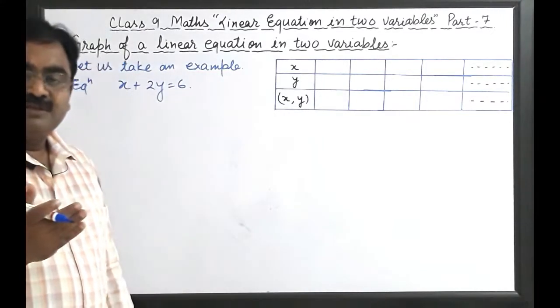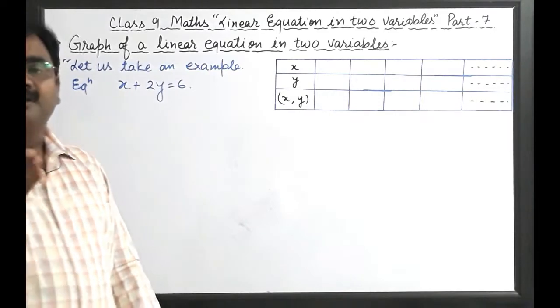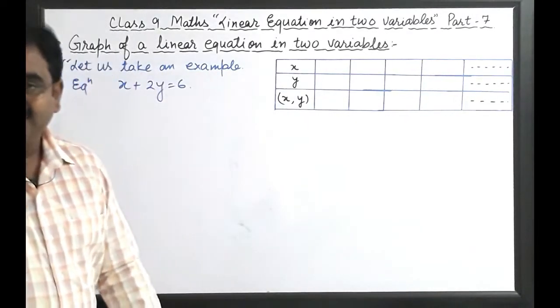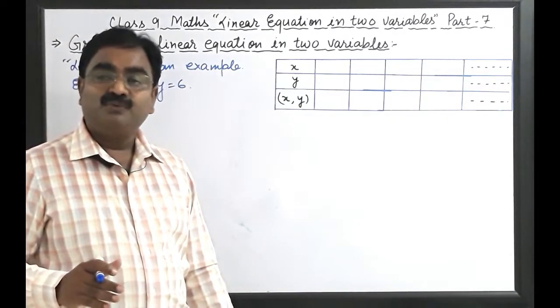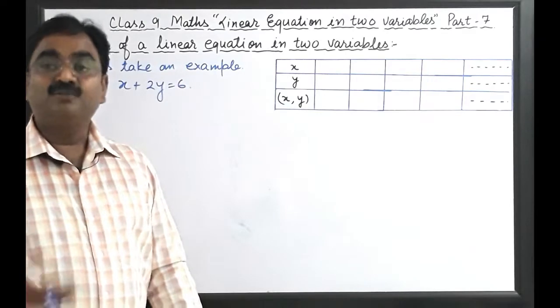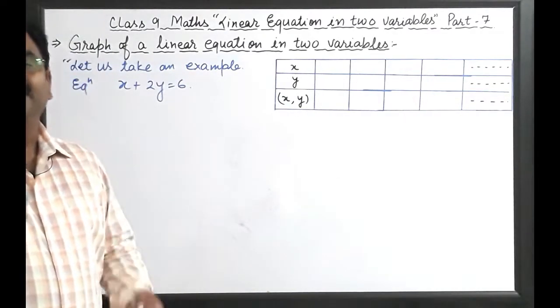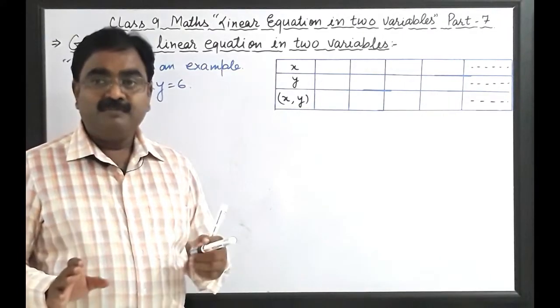After finding the solutions, we will draw the graph in our Cartesian plane. Right children? We have to plot those solutions in the Cartesian plane and join them. We will get a straight line. Okay children? Any problem?